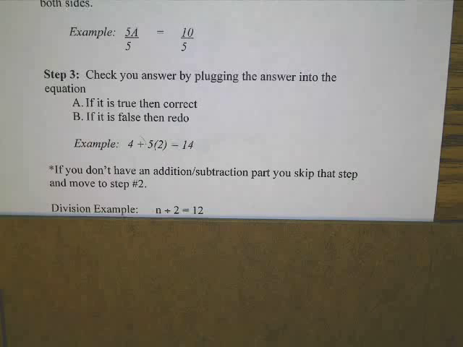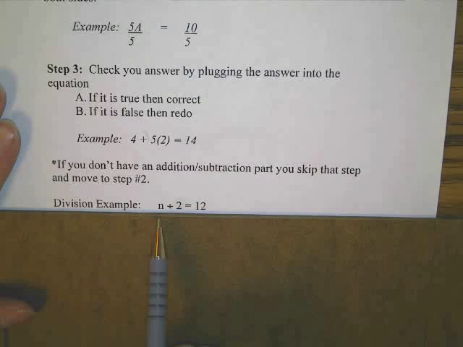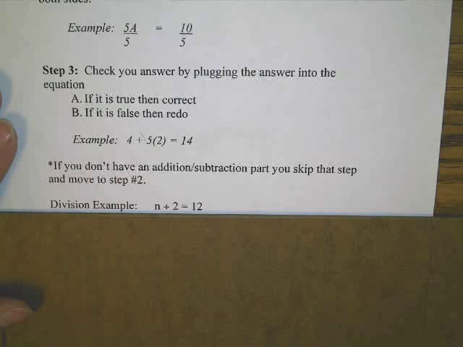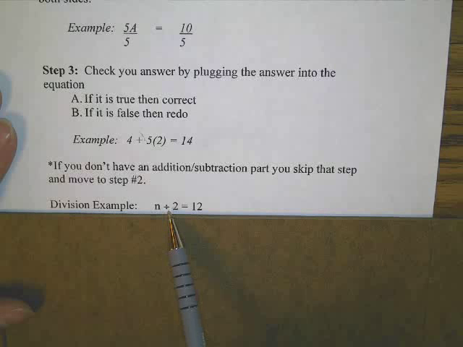So step 2, how should we write it? We're on this division example here, and we're on step 2 in our steps. We're doing the opposite of dividing. Multiply by what? Okay, so we have to multiply by 2 on this side and multiply by 2 on this side.